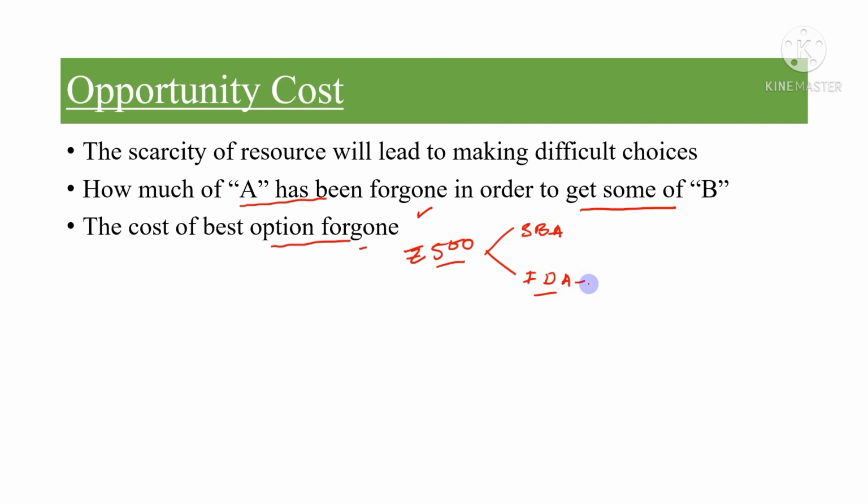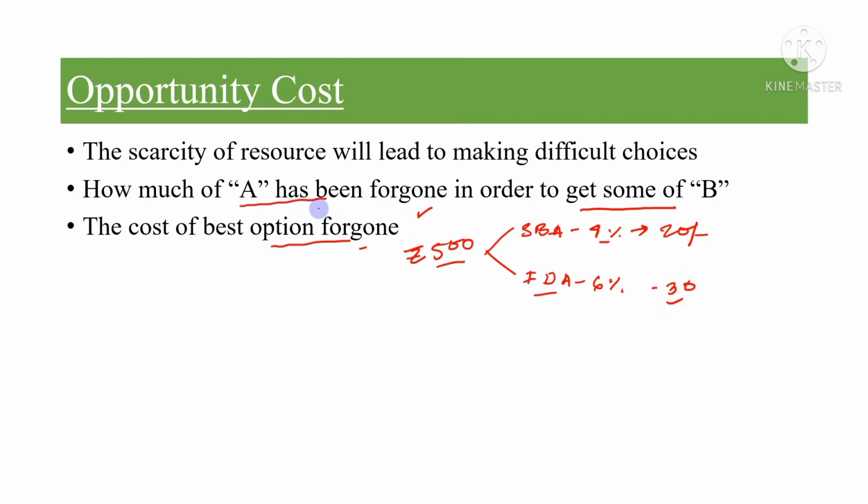Let's assume that if you are doing this in a fixed deposit account, you are getting an interest rate of 6%, and if you save this amount in a saving bank account, then you will get an interest rate of 4% per year. So the returns that you will get out of this 500 rupees: 4% of 500 rupees is rupees 20, and 6% of rupees 500 is rupees 30.